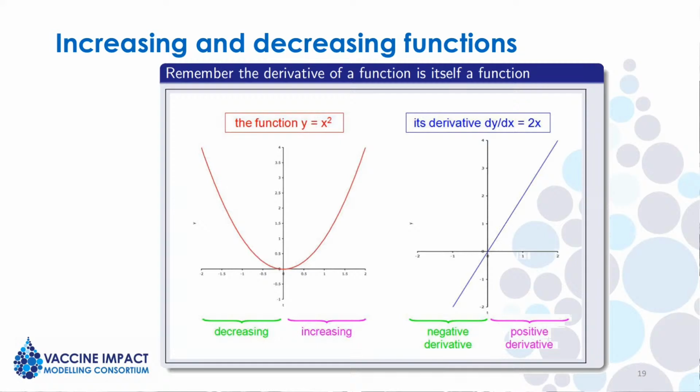If we think about what's actually happening and how these two relate to each other, if we think about the gradient here, so if you imagine drawing a straight line that moves around, so we're thinking about how the tangent moves around this quadratic curve. If we looked here, we've got a negative gradient, right? We're going down.